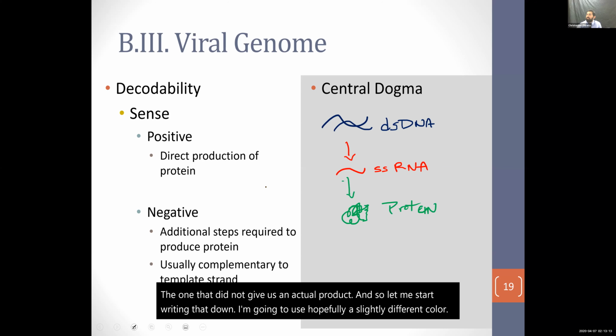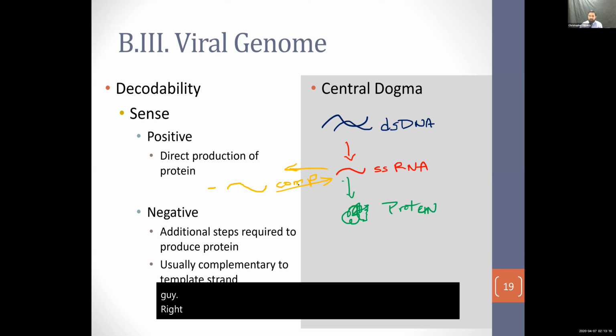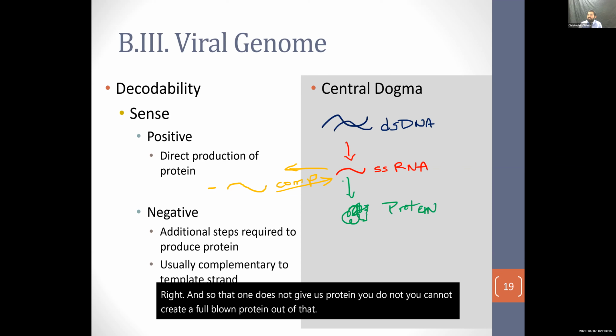I'm going to write it as comp, right? And so that one does not give us protein. You cannot create a full-blown protein out of that. So the only thing you can do is convert it into the positive sense. So what these particular types of viruses do is actually take that sequence and convert it into positive sense single-stranded RNA as well. That happened over here.